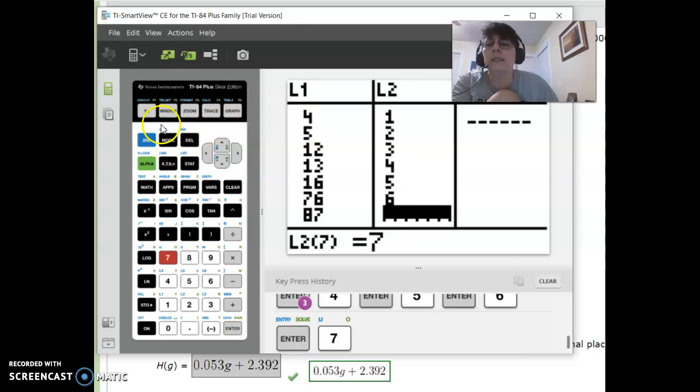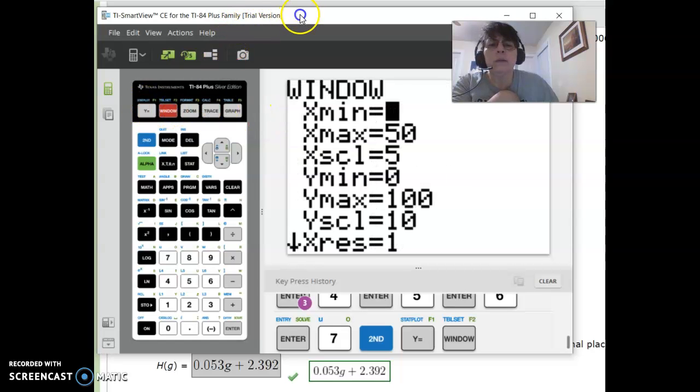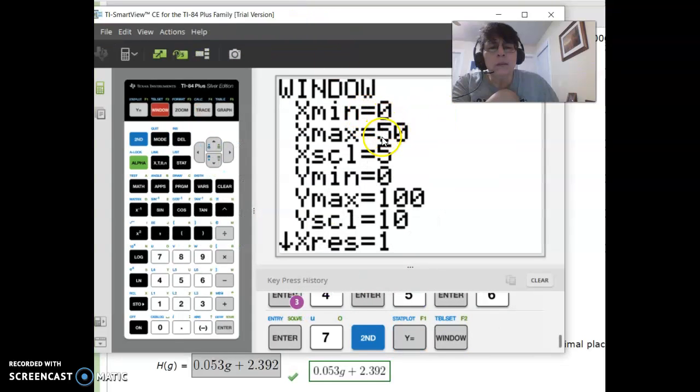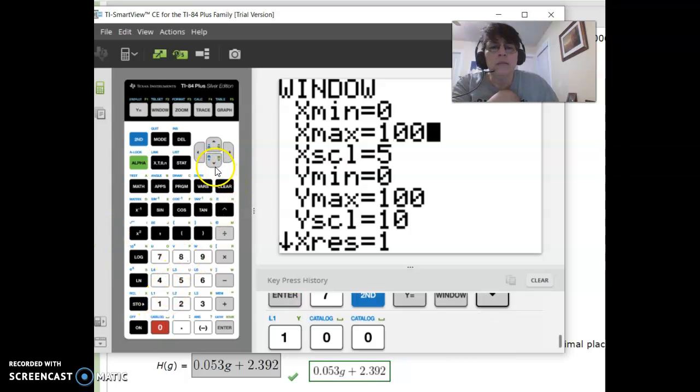Okay, so that's in. I'm going to check my stat plot, which is on, using L1 and L2. I'll have to change my window, so I'm going to go between 0 and 100 and scale it at 10.